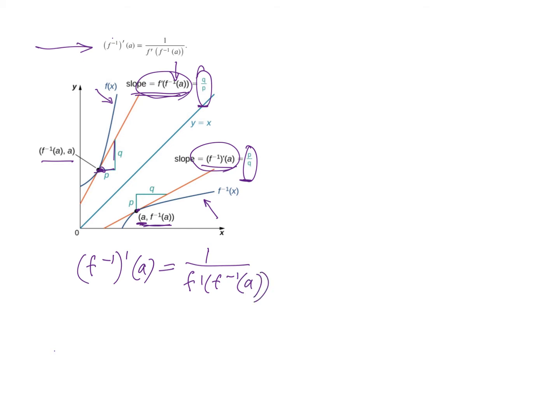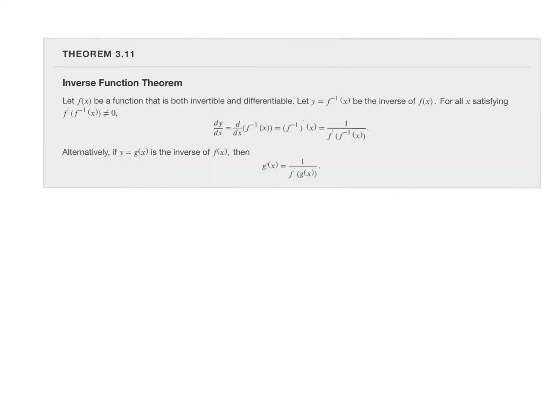So this is our equation, and it works for all a values where f prime of f inverse of a does not equal 0. We can't have that denominator being 0. So this is basically how we came up with the rule for the derivative of the inverse function, which we're going to see next. There's a lot here, but I'm going to boil this down for you.